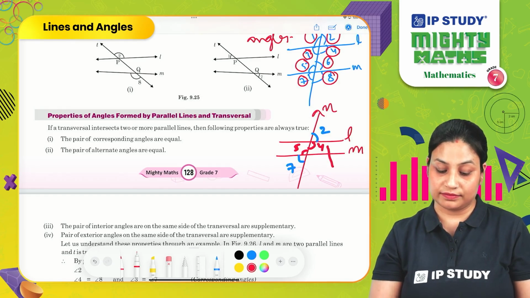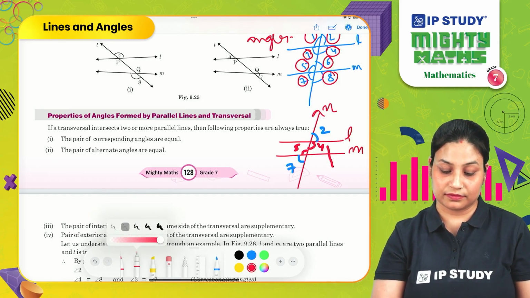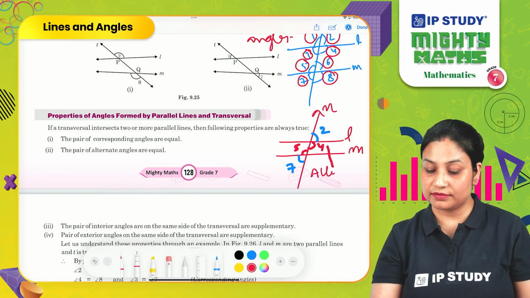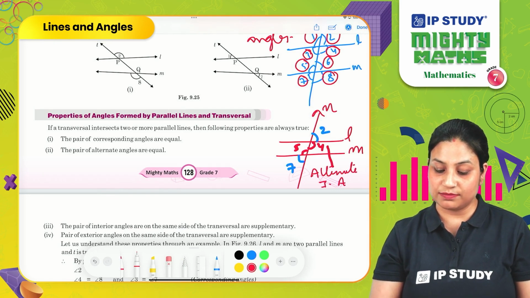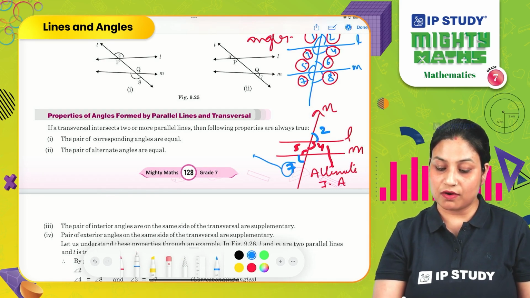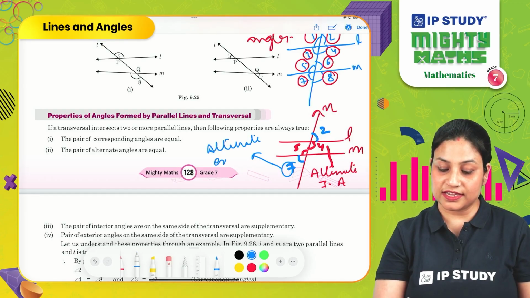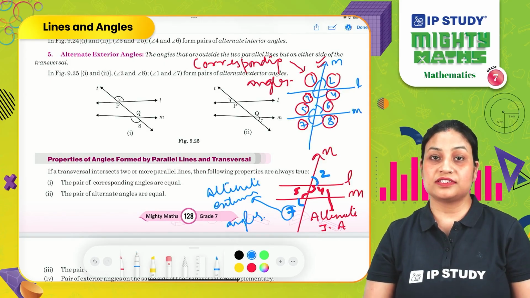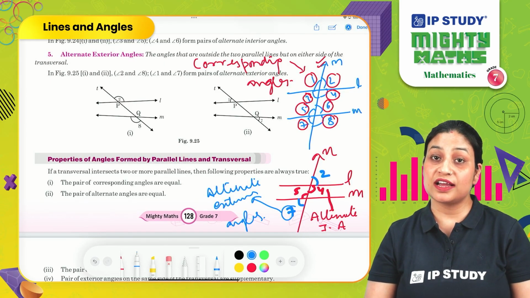These are alternate interior angles and these blue ones are alternate exterior angles. So students, we have studied about different types of angles that are formed by a pair of parallel lines when they are cut by a transversal at distinct points.